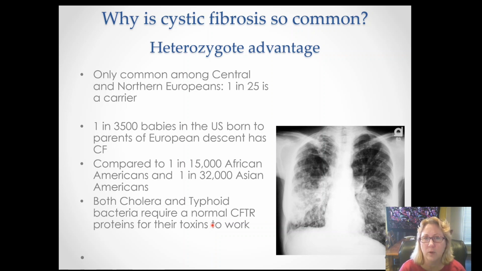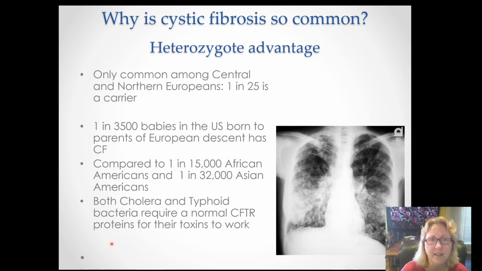And approximately 1 in 25 people who have that ancestry are carriers of cystic fibrosis. Now that doesn't sound like a lot. That's just about 4%. But for a deleterious allele that without serious modern medical attention is 100% fatal in childhood, 4% of the population being carriers, that's really common.